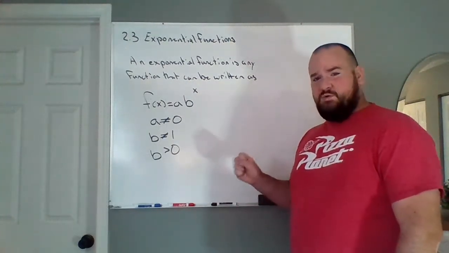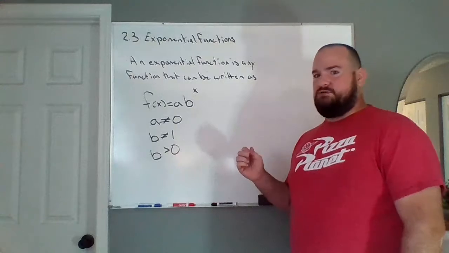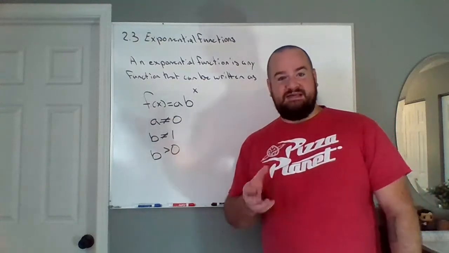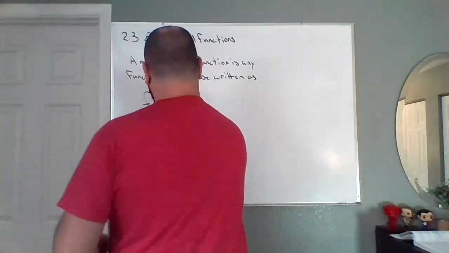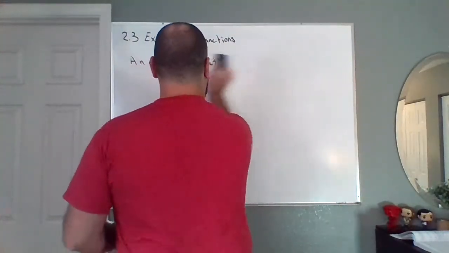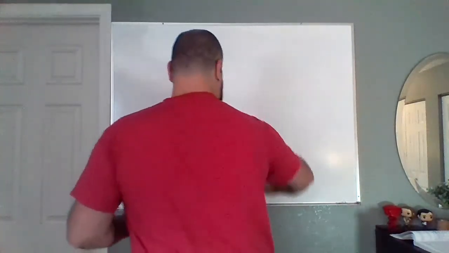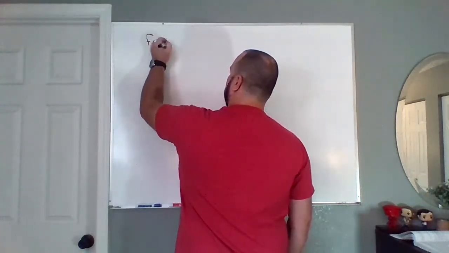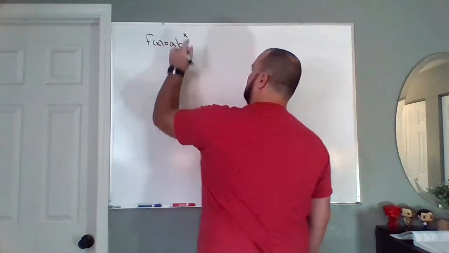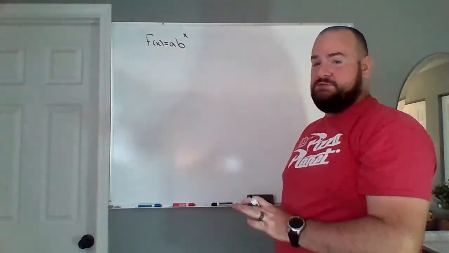And what's really cool is exponential functions are extremely similar to linear functions. Let's talk about how that is. So if we have good old f of x equals a times b to the x, this is some exponential function, okay?